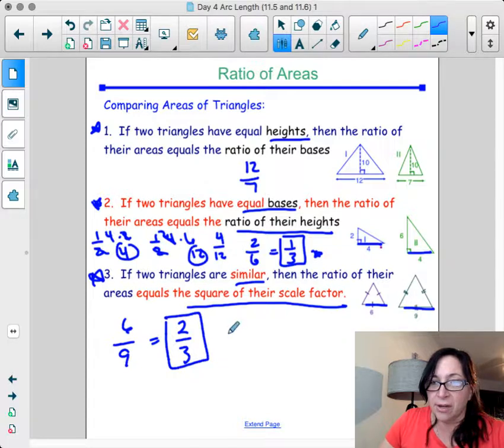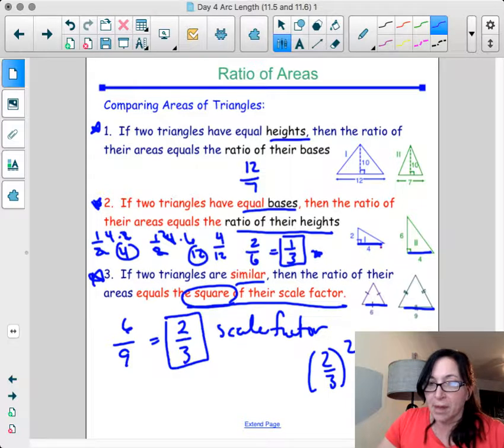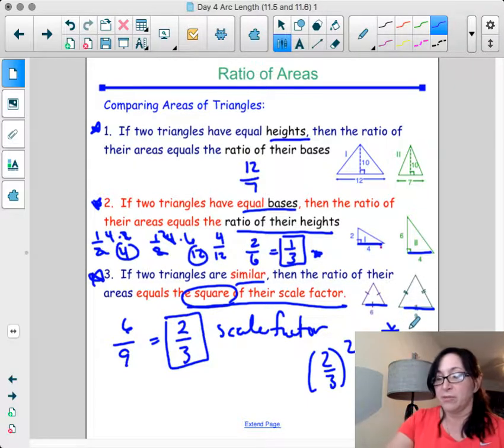This right here is my scale factor. And if this is my scale factor, then the ratio of their areas is equal to the square of their scale factor. So I'm going to take 2/3 and square that, and I'm going to get 4 over 9. So right there is the ratio of their areas.